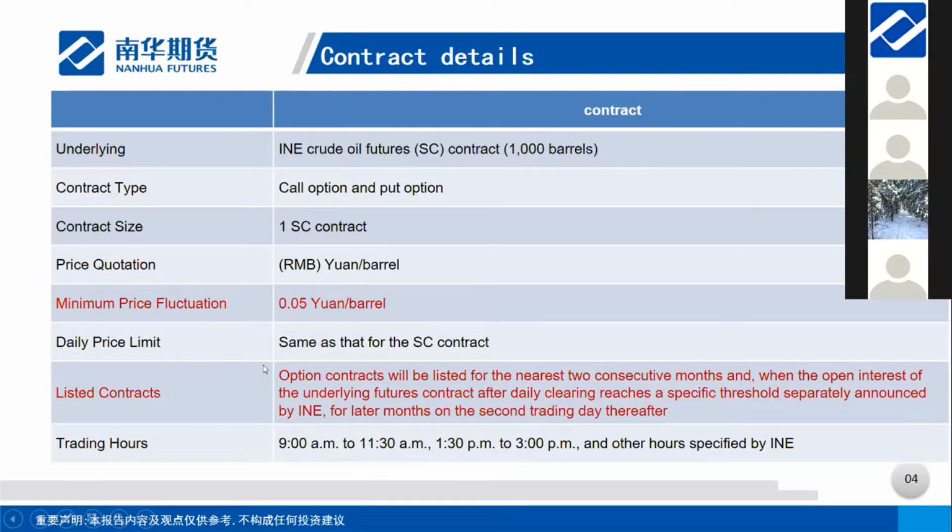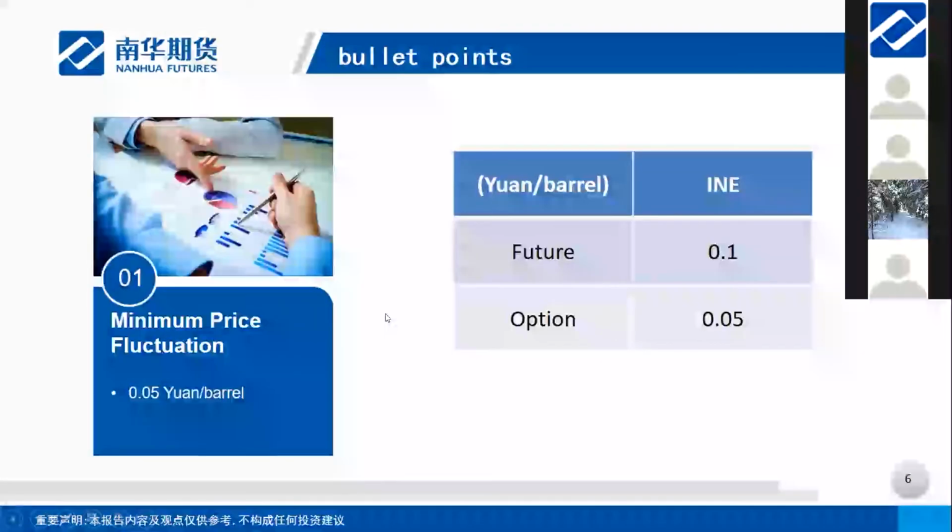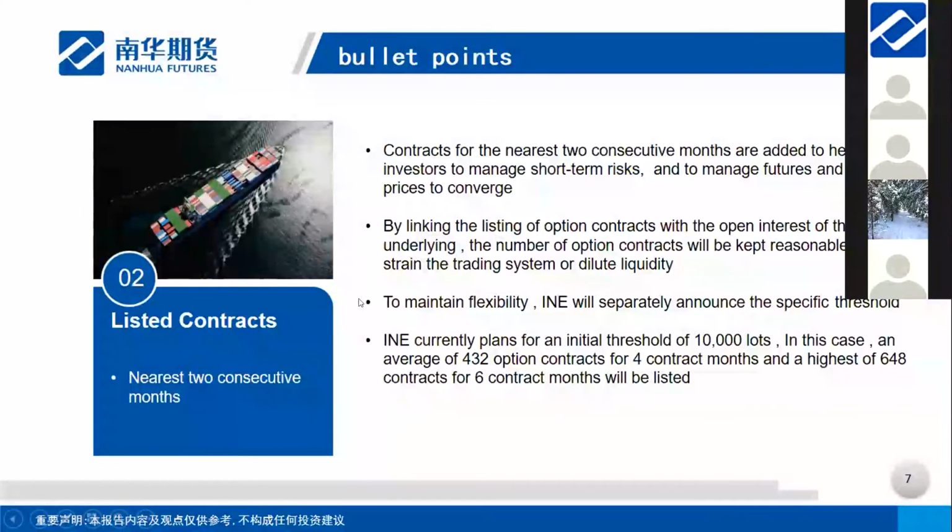Okay, the next highlight point, the listed contracts. First, the listed contracts are normally the nearest two consecutive months. It can help investors to manage short-term risks and help futures and spot prices to converge.